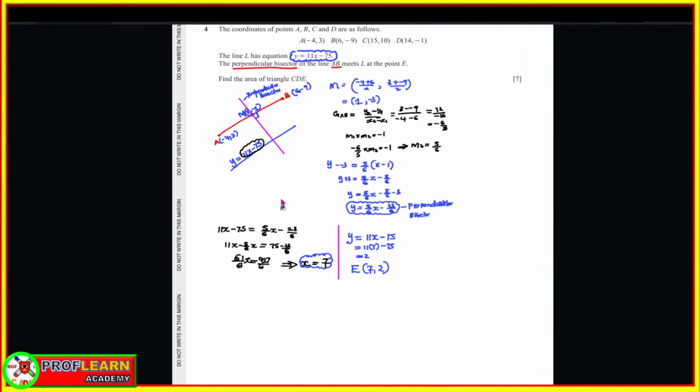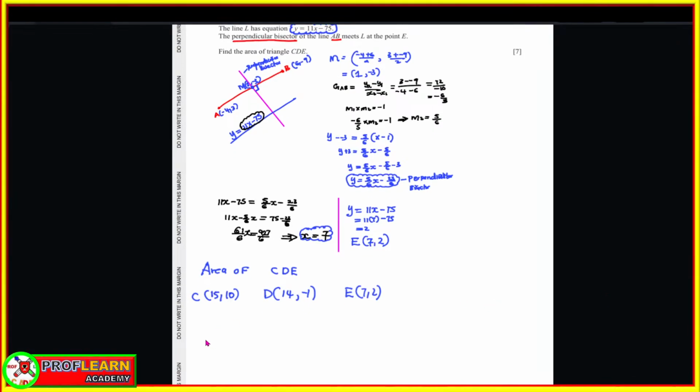Now for us to find the area, let's check here, area of CDE. So the coordinate for C is basically 15, 10. The coordinate for D is 14, -1. And the coordinate for E is 7, 2.